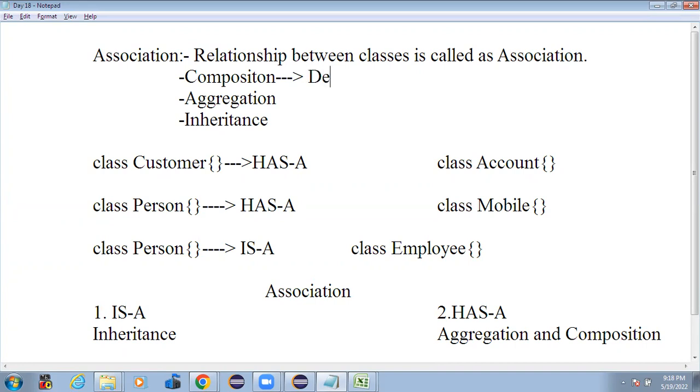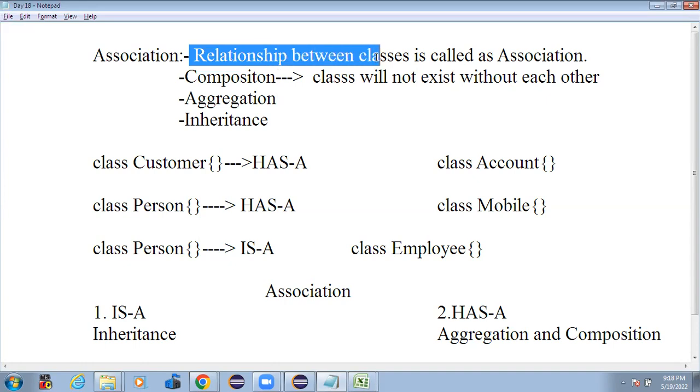the dependent classes will not exist without each other. As I said, association is nothing but a relationship between classes.